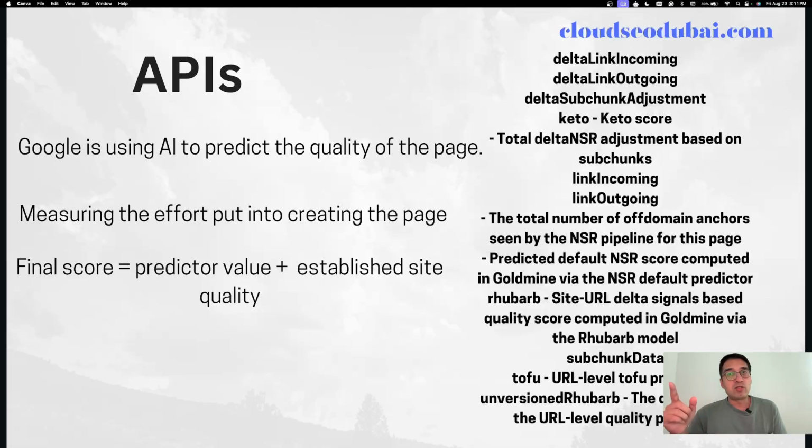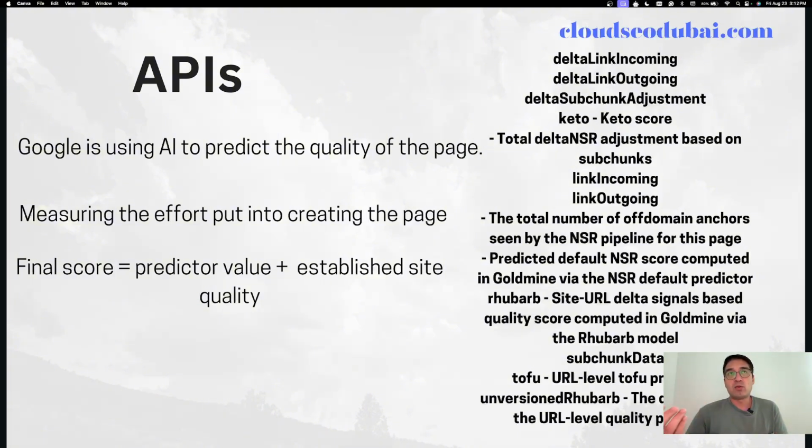While it is doing its job on the back end, on the front end, you have AI that quickly analyzes a page. So it's measuring two things mainly. It's measuring the effort that's put into the page, and it's also measuring the uniqueness of the page. And that is calculated in respect to the site's established quality.